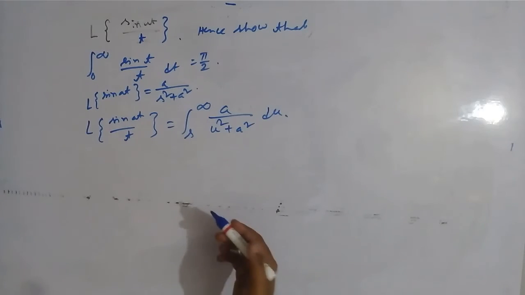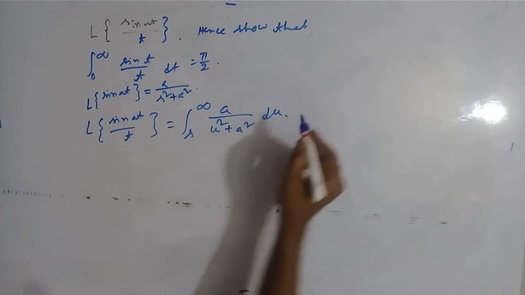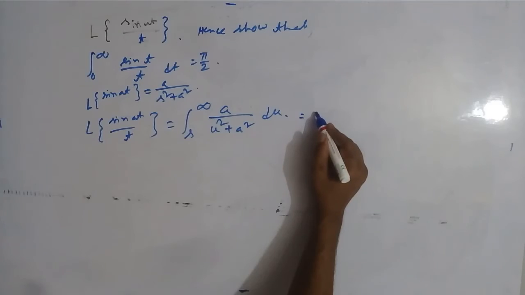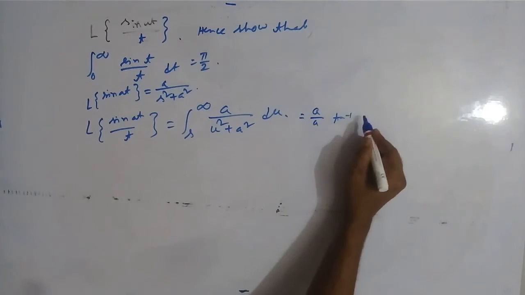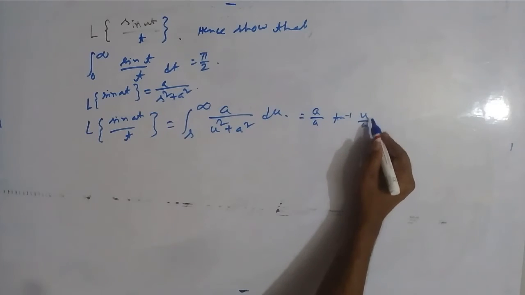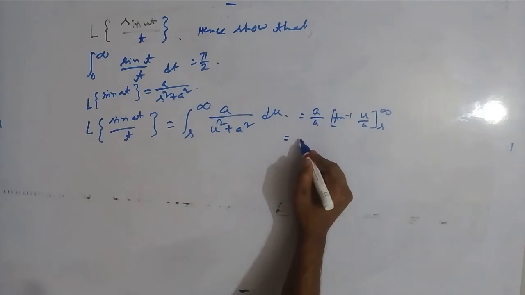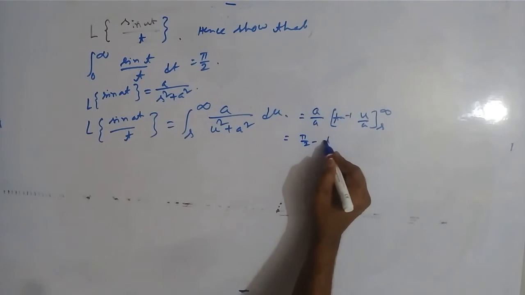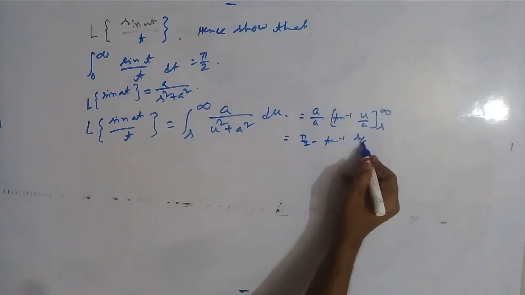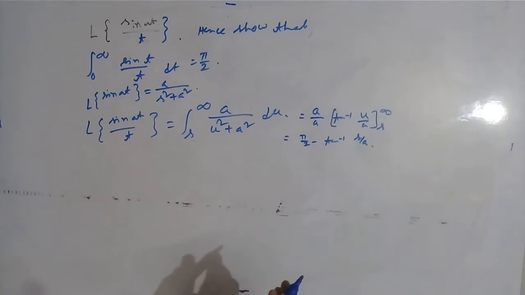This will be the Laplace transform of sin at by t. Now this is equal to a by a tan inverse u by a from s to infinity, and this will be pi by 2 minus tan inverse s by a. So this is the Laplace transformation of sin at by t.